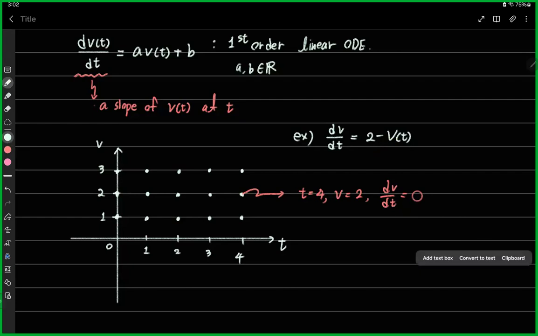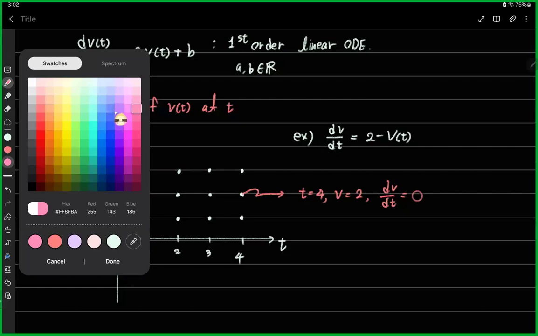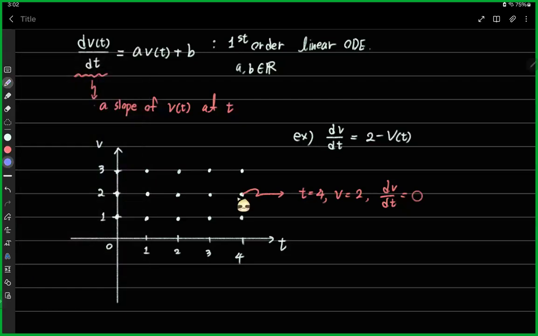It means that the slope of v(t) is 0. So we just draw a short line segment representing the slope of v at t equals 4 and v equals 2. Actually, look at the right-hand side of the differential equation. There is no t involved in the right-hand side.